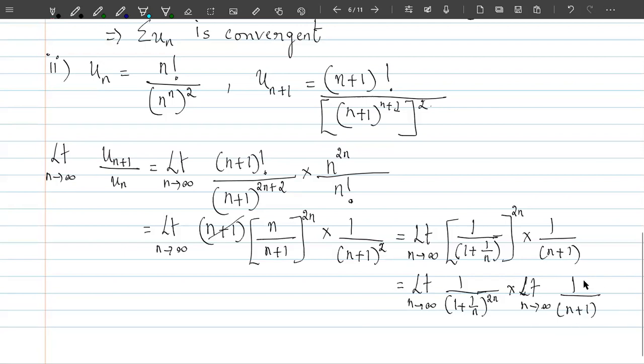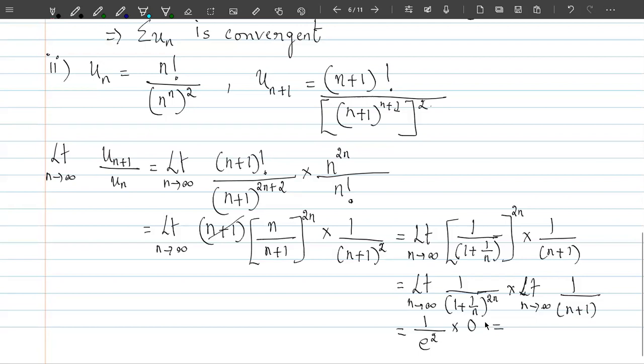Now this limit here takes the value as n tends to infinity. What do I get here? 1 by infinity plus 1. So the second part here becomes 0, and the first part will be equal to 1 by e square. So I get 1 by e square, which is multiplied with the second limit value, which is 0.